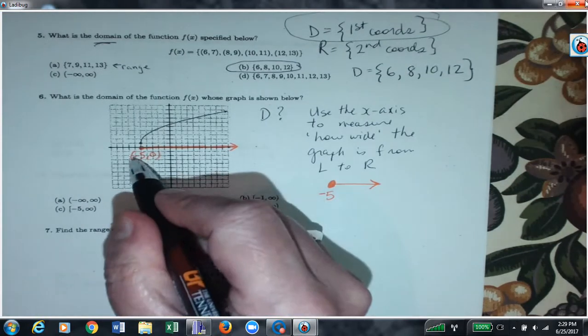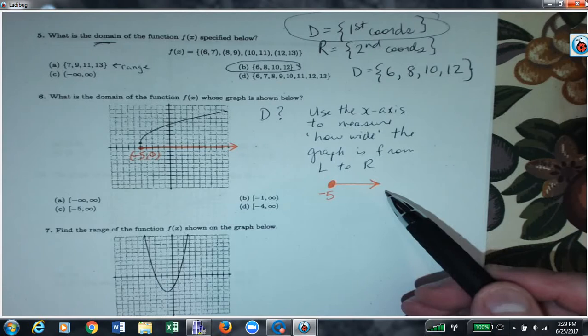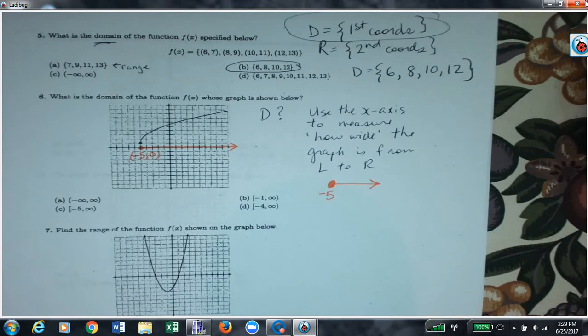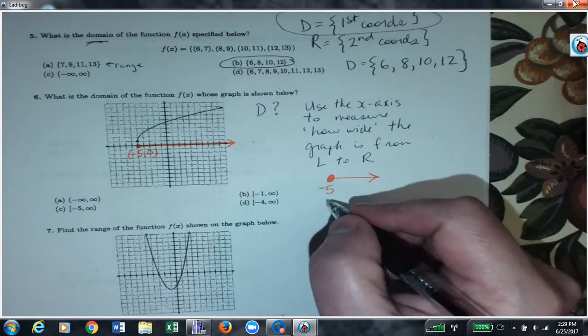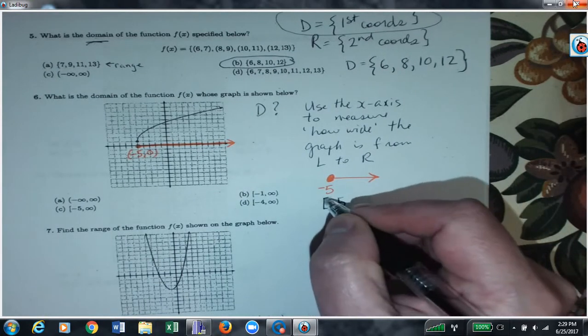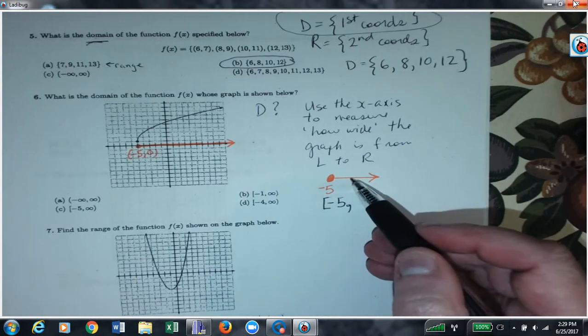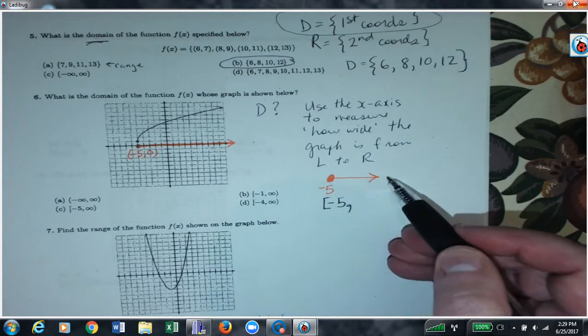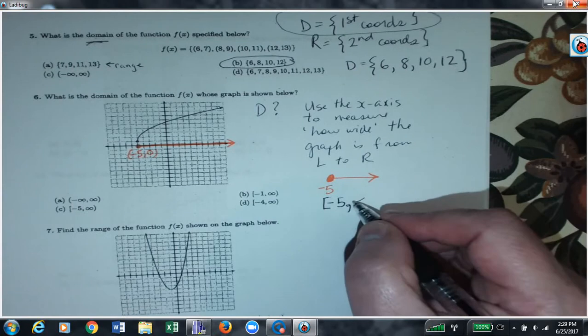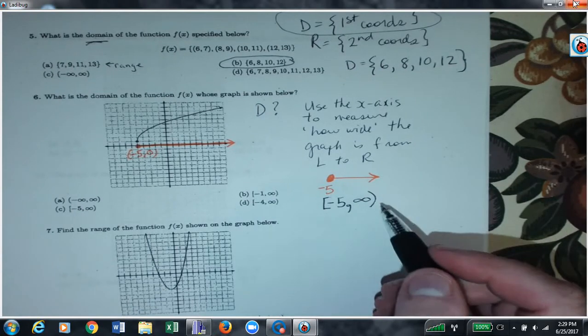So what I've written here is the point, negative 5, 0. But as an interval, this starts at negative 5, and it's included. So in interval form, I'm going to start and include negative 5, so I need this square bracket. And I keep going forever. There are no gaps and there is no rightmost point. And so this is the answer that I'm looking for.